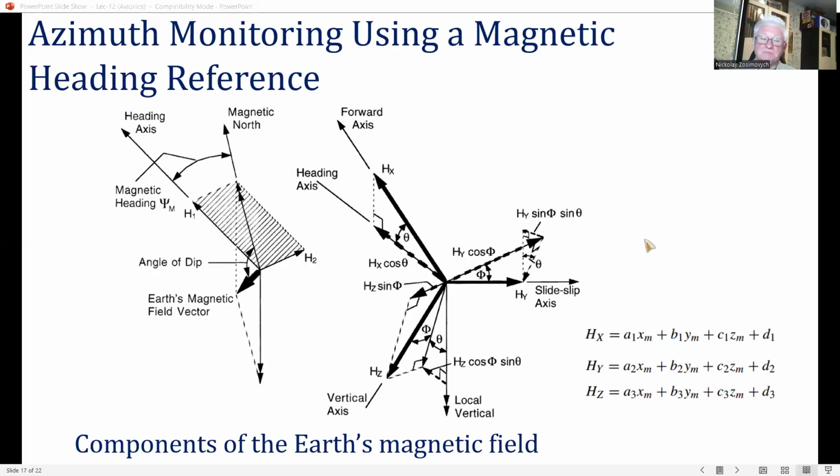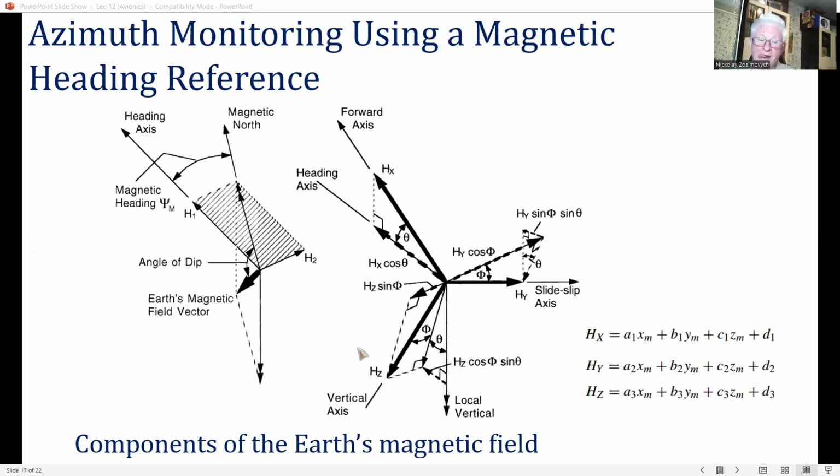The components of the Earth's magnetic field with respect to the aircraft principal axes are denoted as H sub X, H sub Y, and H sub Z along the forward, sideslip, and vertical axes respectively. Okay?